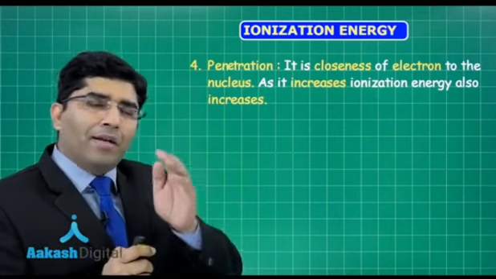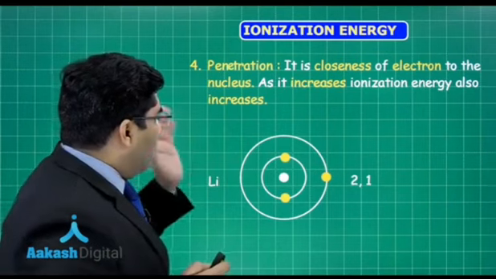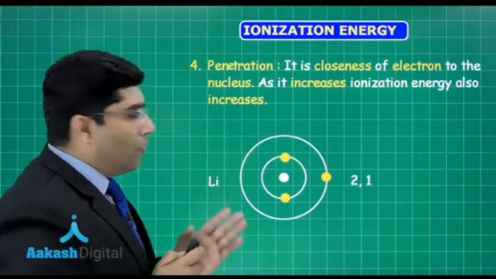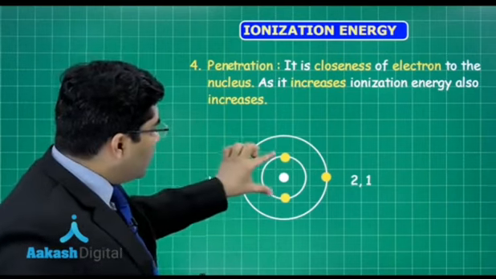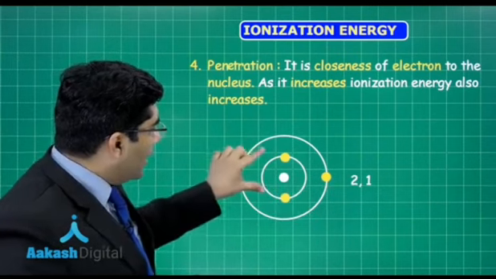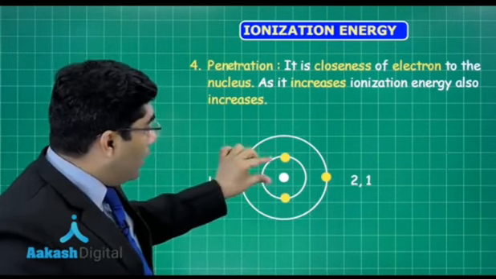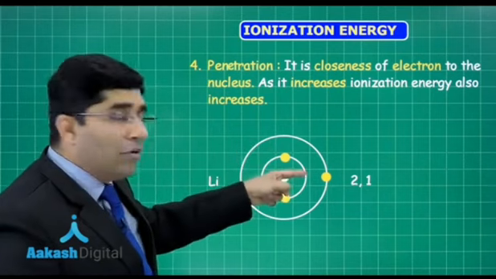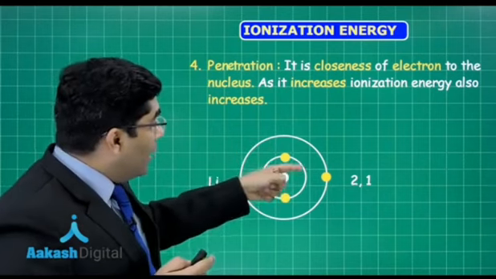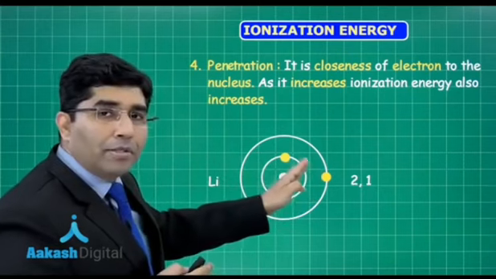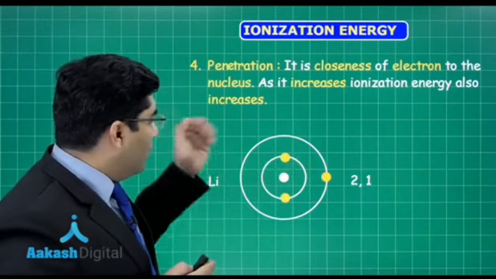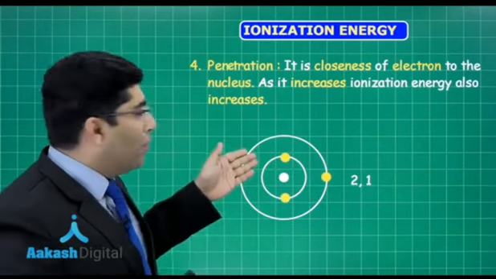Let's take an example. Again, we are taking the example of lithium. Now, these 2 electrons which are present in the K shell are near to the nucleus, and this electron which is present in the L shell is far away from the nucleus. Or we can say that in the first shell there are 2 electrons which are more penetrated.